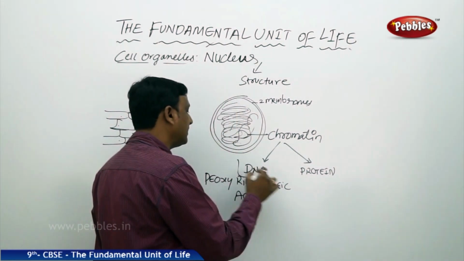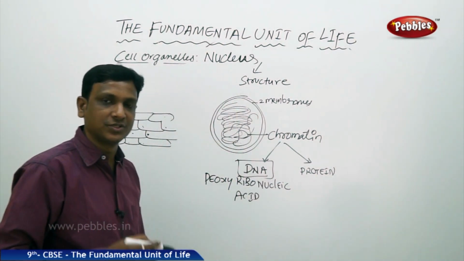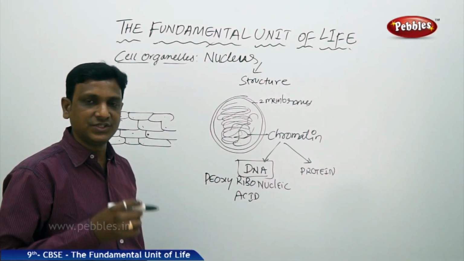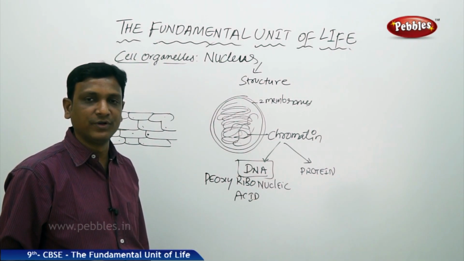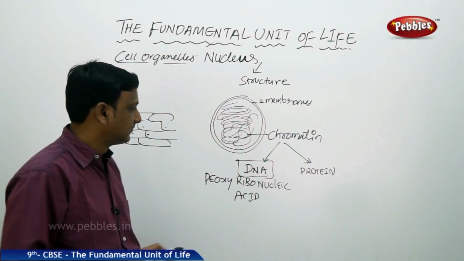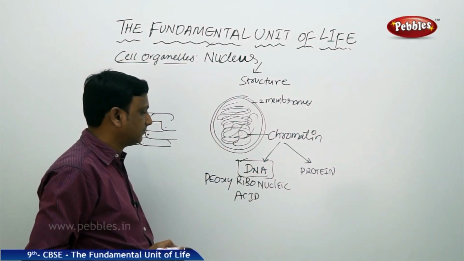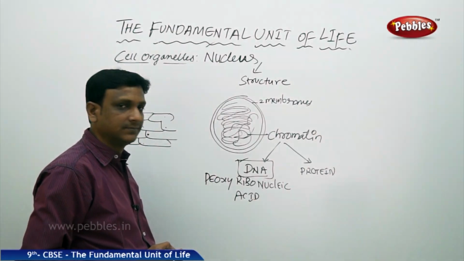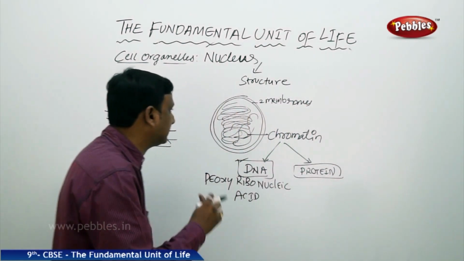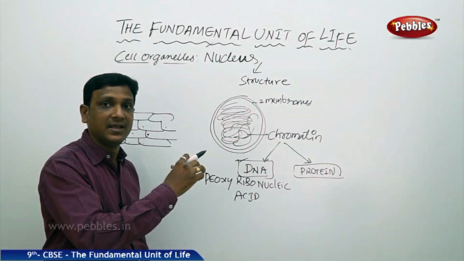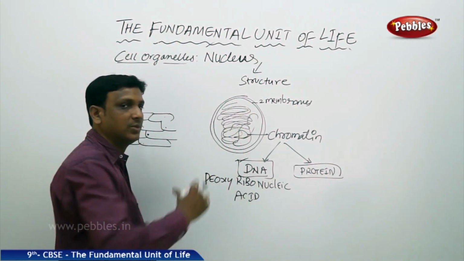This is our genetic material which will decide the characteristic features of an organism, which is very important in determining the features of an organism. That is the DNA. Its full form is deoxyribonucleic acid, and protein. These two together form the chromatin. Chromatin is the entangled thread-like mass which is found inside the nucleus.